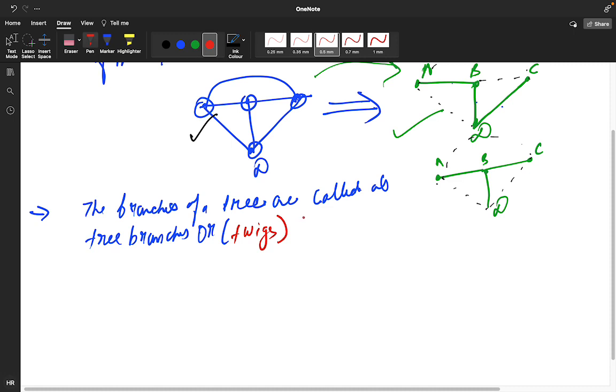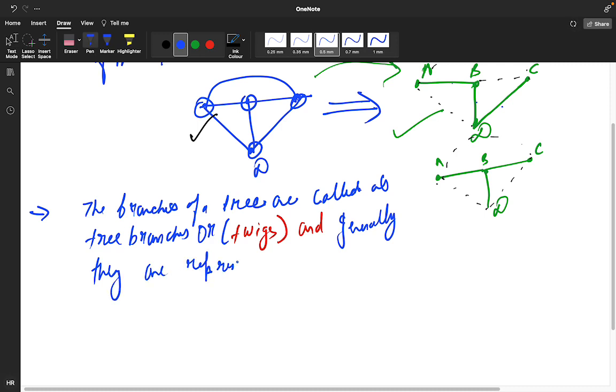And generally they are represented by solid lines. So this is my solid line, this is my dotted line, and generally they are represented by solid lines, or thick lines.